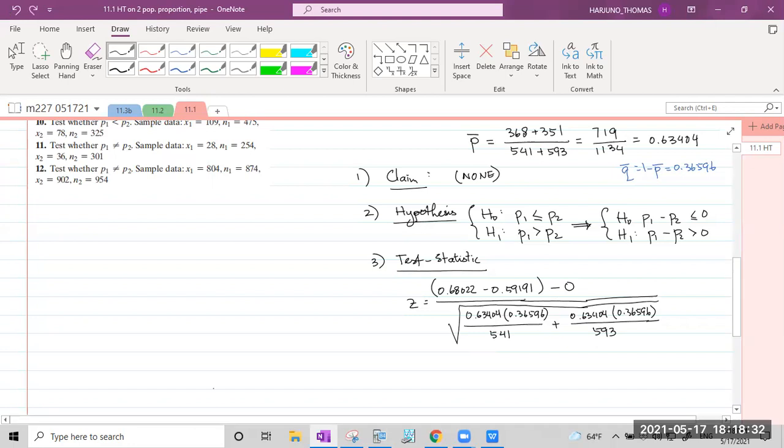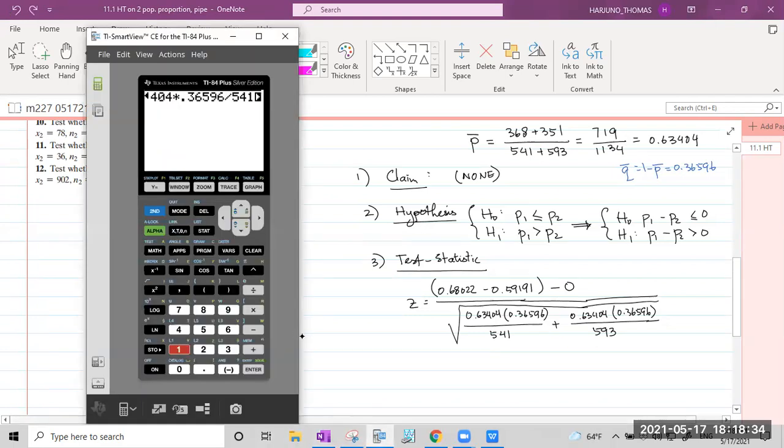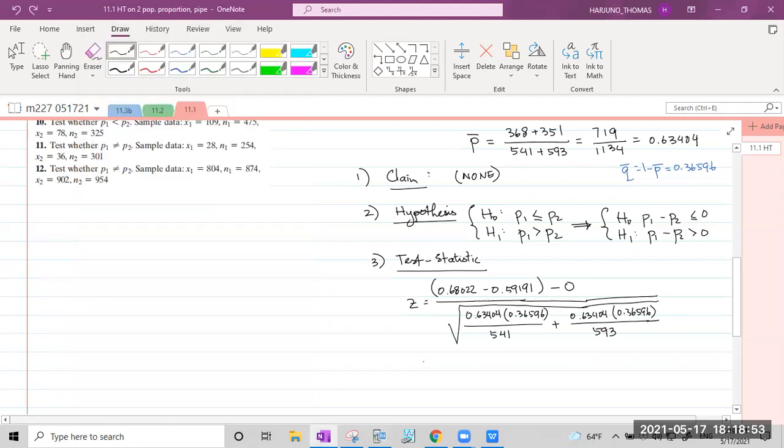Now plus 0.63404 times 0.36596 over 593. The result is 3.08357.